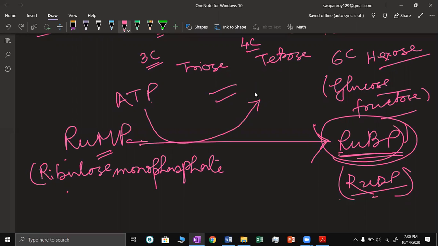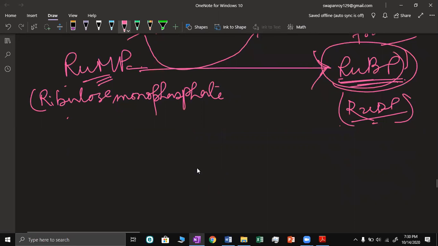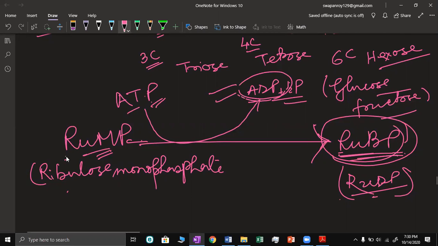And so ADP is produced. ATP molecule breaks here, the phosphate group goes with the RUMP to produce RUBP, and then ADP molecules are produced. So another ATP molecule is consumed. For each molecule of RUMP to convert into RUBP, one ATP molecule is required.